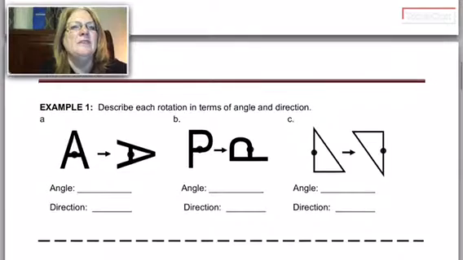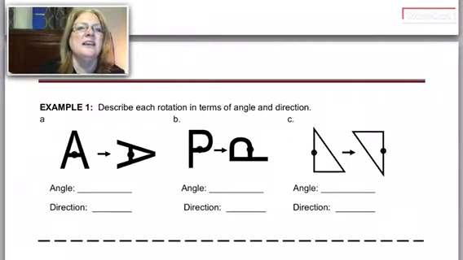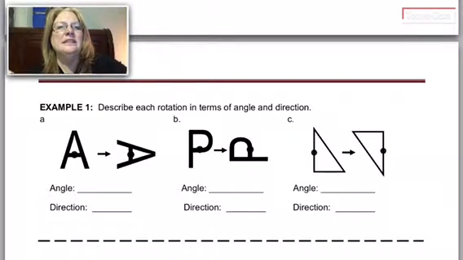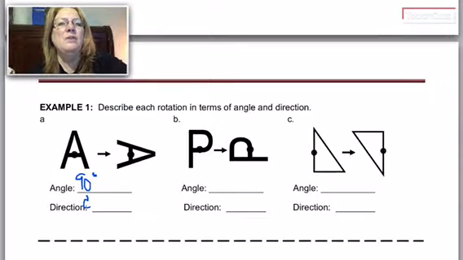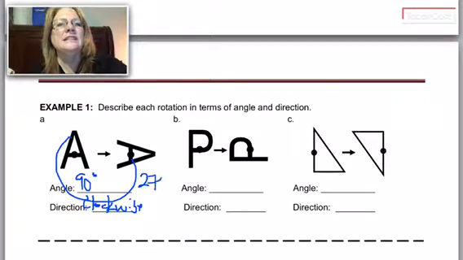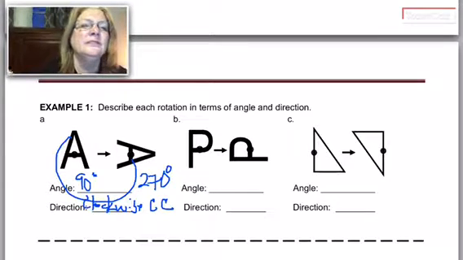So here we just have some letters, and they ask the angle and the direction. So the first thing on this first one, you can think of it as a 90-degree clockwise, but we don't have a rule for clockwise. So the same thing as a 90-degree clockwise is we could go all the way around this way, and it would be a 270-degree counterclockwise.